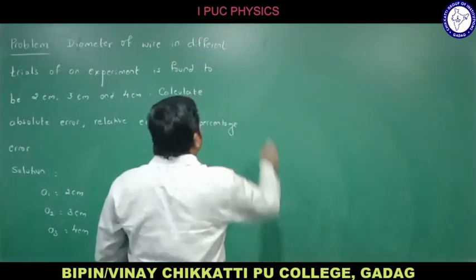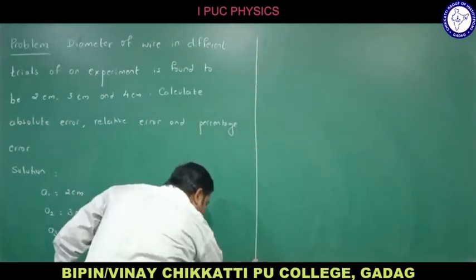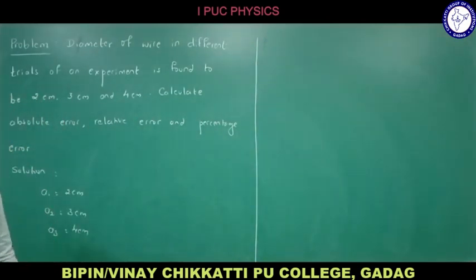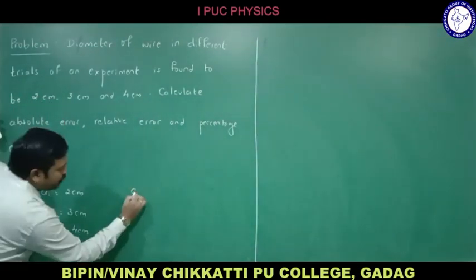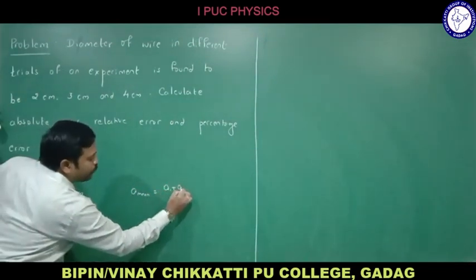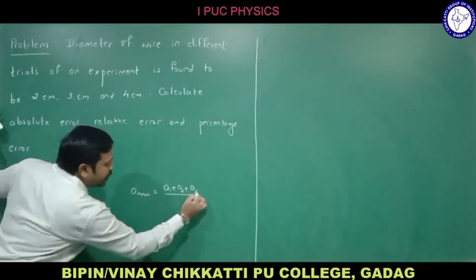Already I told you, whenever you take the readings more than one time, you need to take the average, the mean. So what is A mean? A1 plus A2 plus A3 divided by 3.